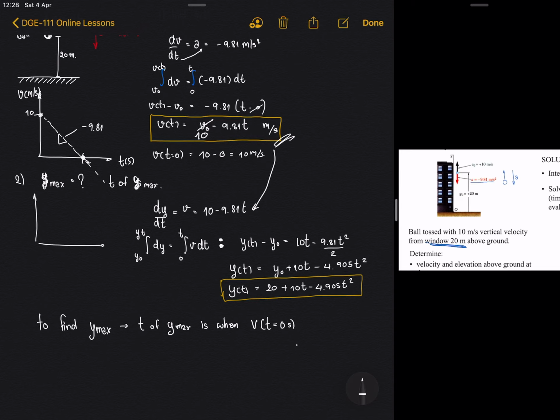Okay, so we will use this, v(t) equal to 0.